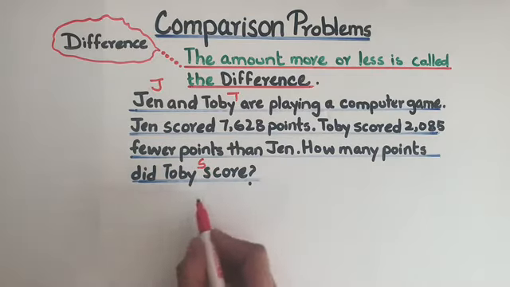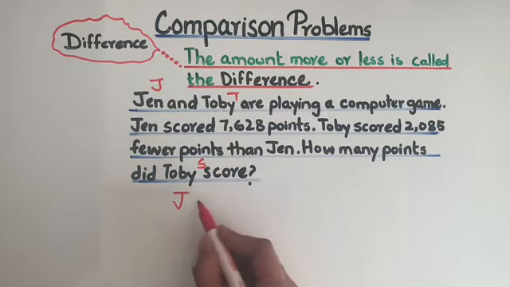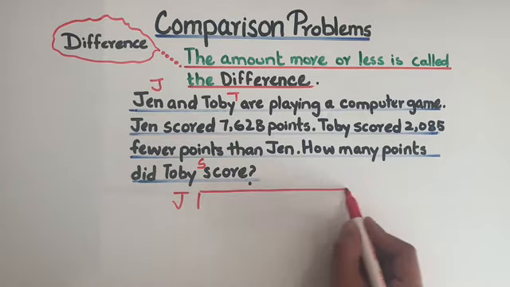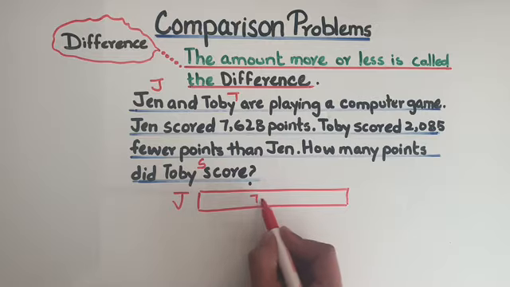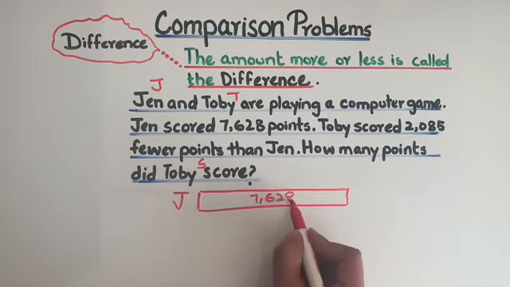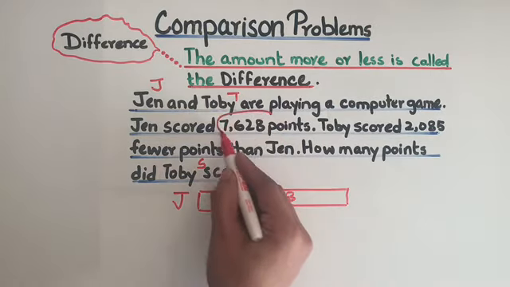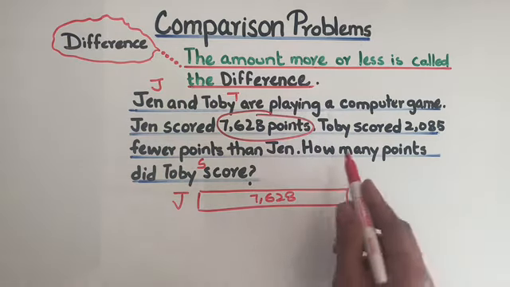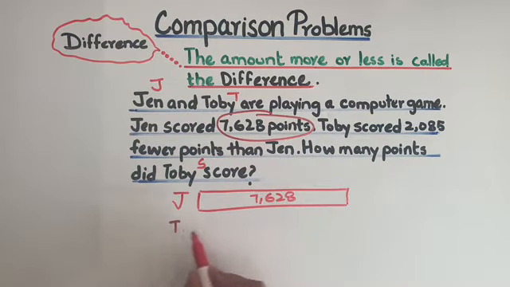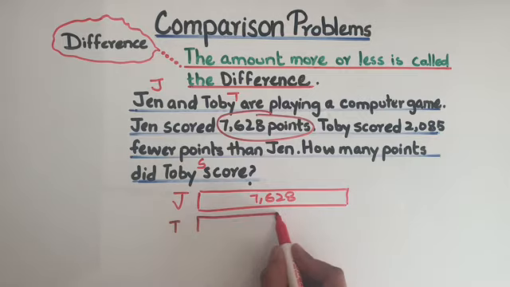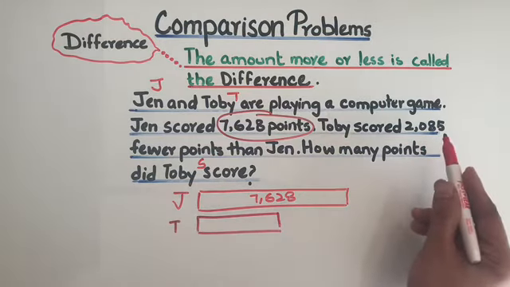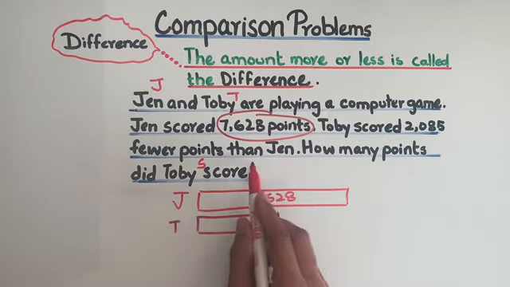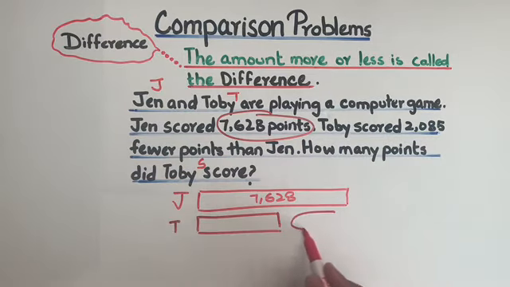Okay. So the first comparison bar is for Jen. Jen scored 7,628 points. Toby scored 2,085 fewer points than Jen. So here is the difference.